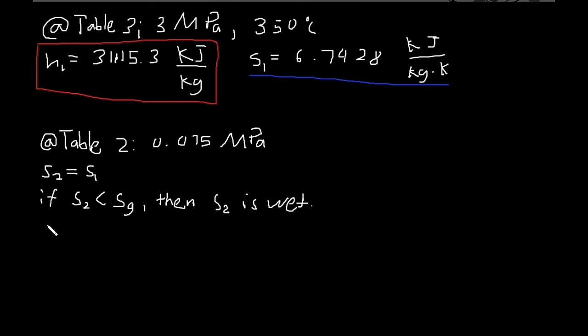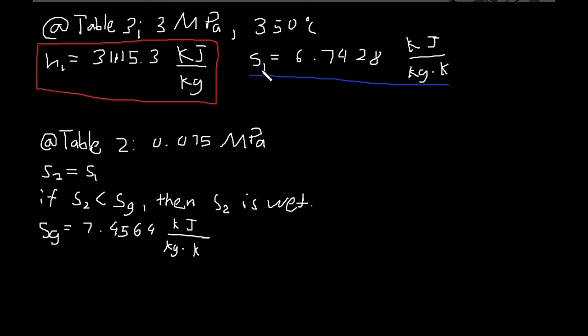So Sg is equal to 7.4564 kilojoules per kilogram Kelvin at 0.075 MPa.